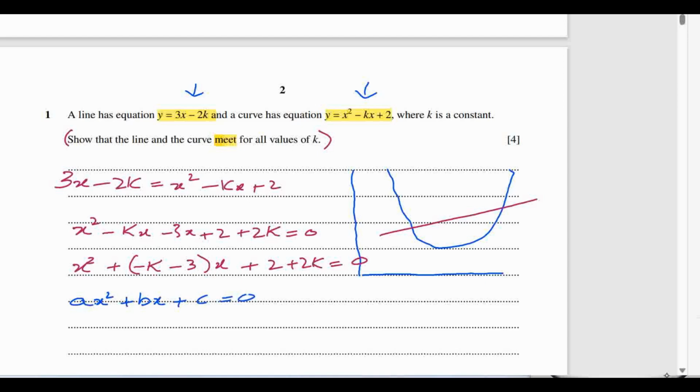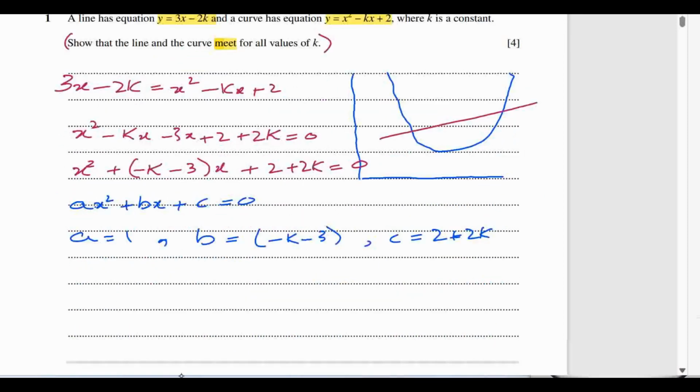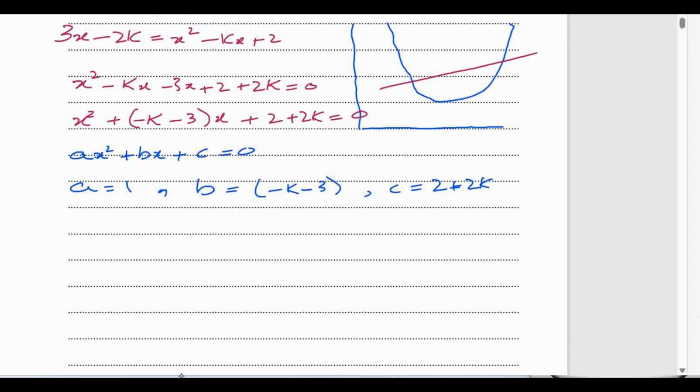Here the coefficient of x square is a, so a equals 1, b equals minus k minus 3, and c equals 2 plus 2k. As we wanted to find out the values of k, we have to use b square minus 4ac.